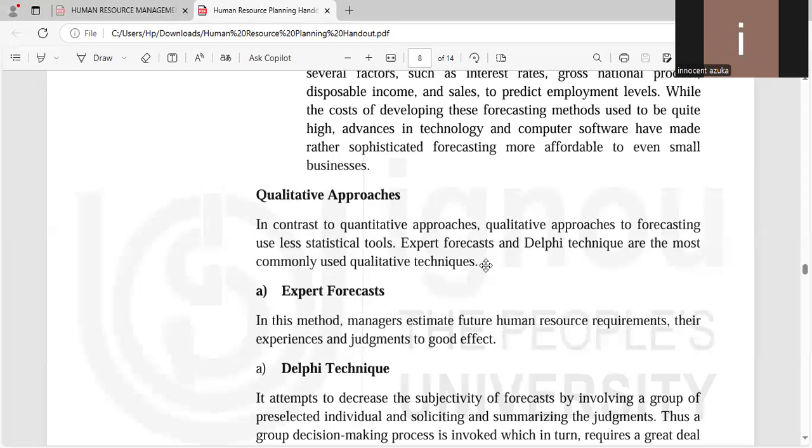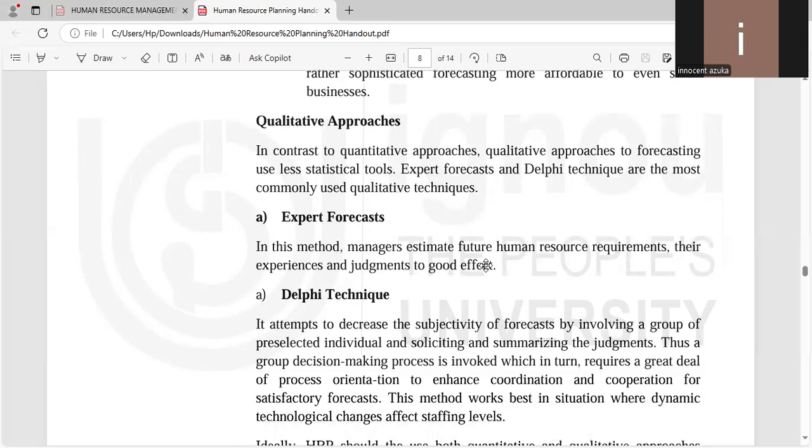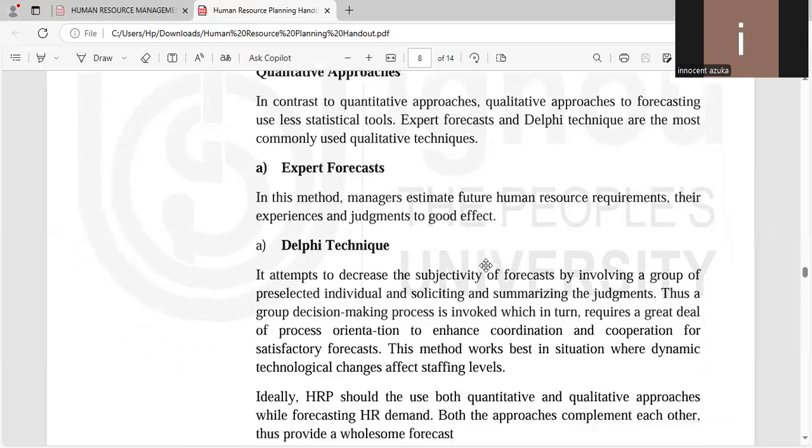Expert forecast and the Delphi technique are the most commonly used qualitative techniques. In expert forecasts, managers estimate future human resource requirements, using their experience and judgment to good effect.